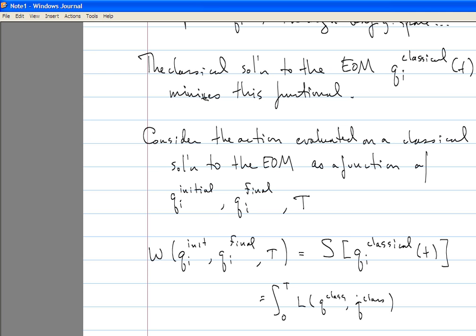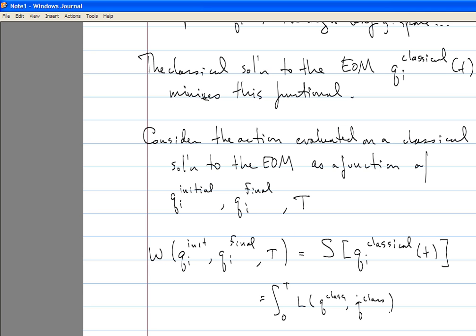So why is that? I mean, usually when you've solved the set of n second-order differential equations, you're used to solving them by specifying an initial position and momentum, or an initial position and velocity. But you could also specify an initial position and a final position. Now, from a practical point of view, that's a very difficult way of going about solving a differential equation.